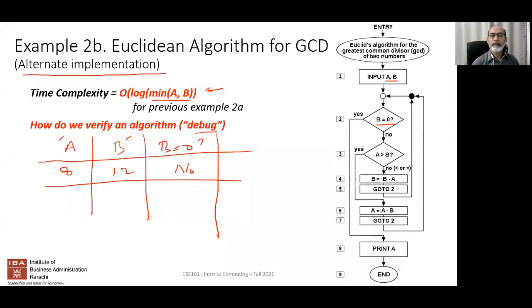So basically what we're doing is going step by step through the algorithm to see how it actually performs. The next thing would be, is A greater than B? So we could put all of these headings in as columns inside this table to figure out how this is going to work.